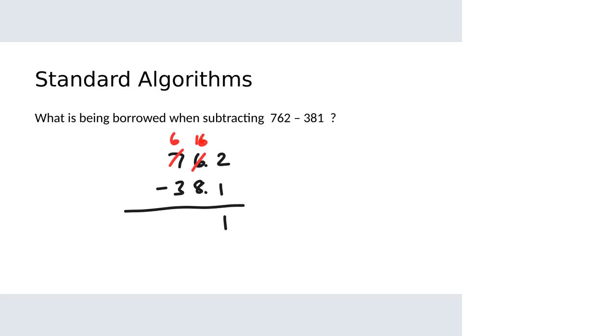Yes, as far as what I wrote down was, I reduced it by 1 and I made it bigger by 10. But what I really did was, I borrowed 100 because 1 in the hundreds column has a value of 100 from the hundreds column and added it, or I guess I moved it is a better way to say that.